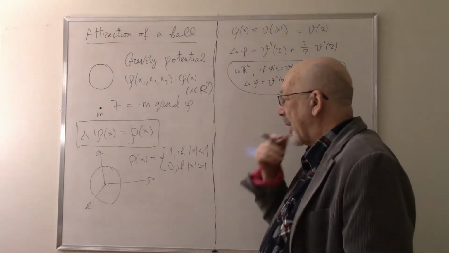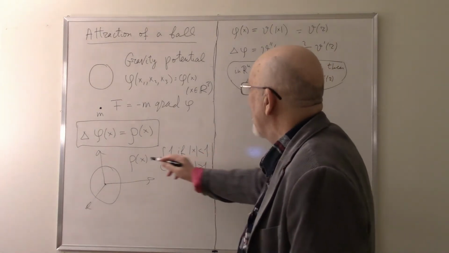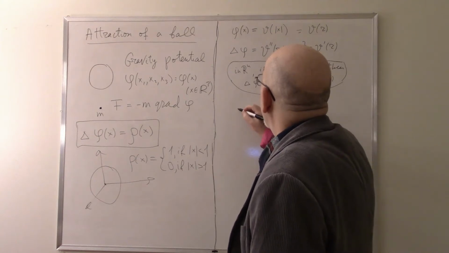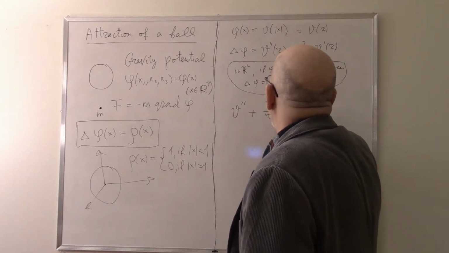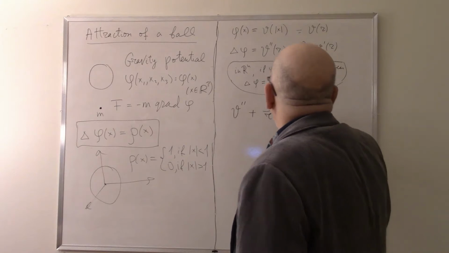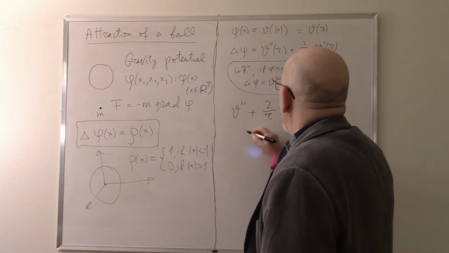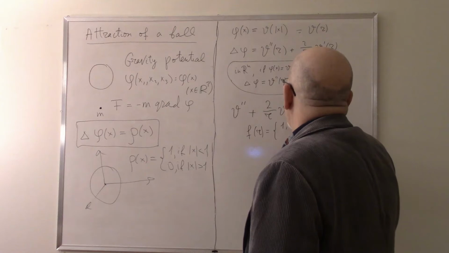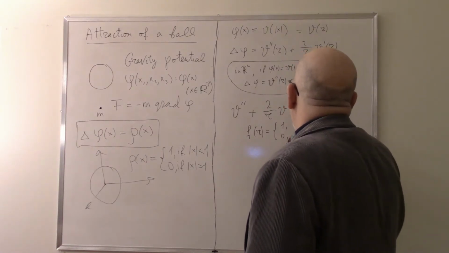And we have to solve our equation in the case when rho of x is given, so our equation is v double prime plus 2 divided by r v prime equals f of r, where f of r equals 1 if r is less than 1 and 0 if r is more than 1.